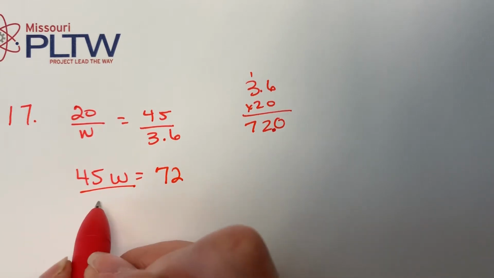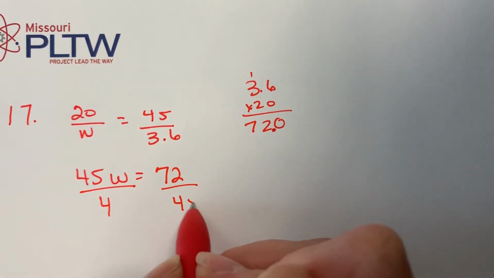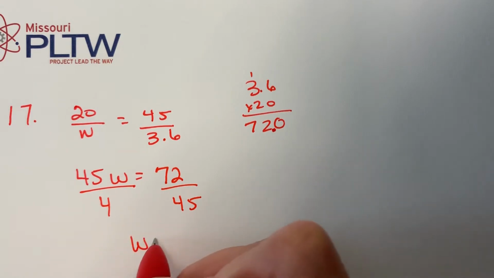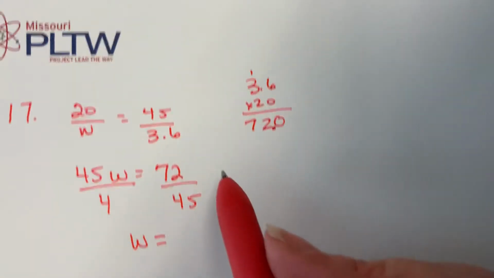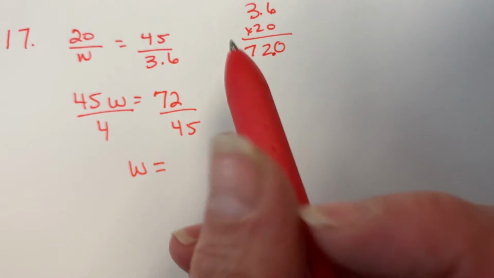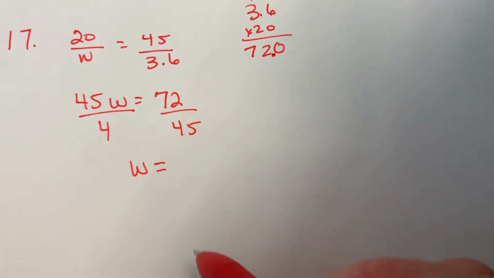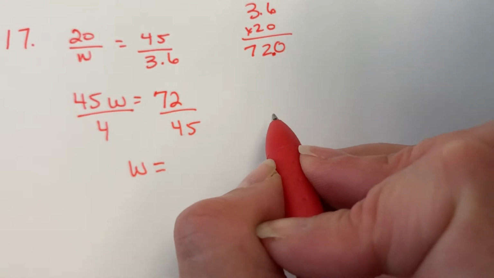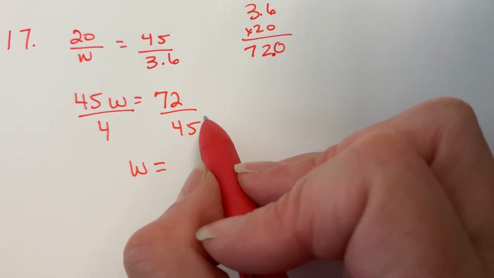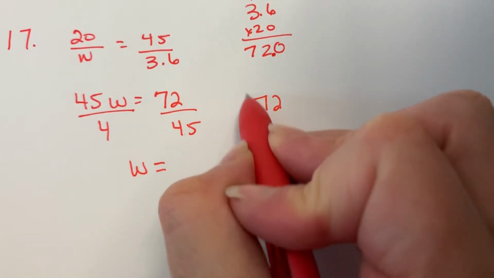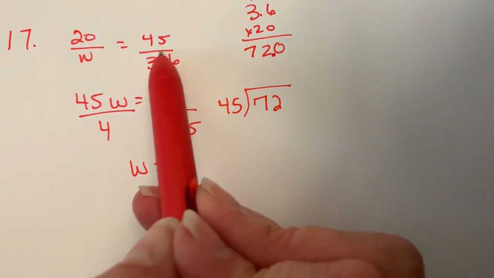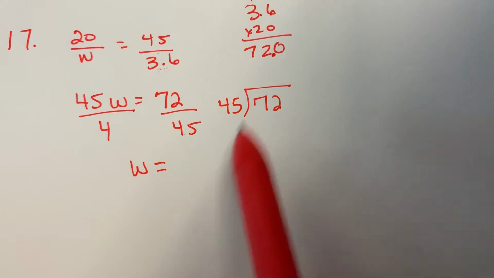If I divide both sides by 45, then W equals 72 divided by 45. Now, 45 goes into 72 once. Why don't we go ahead and just divide it out like this, because this 3.6 gives me the clue that they're wanting a decimal number.